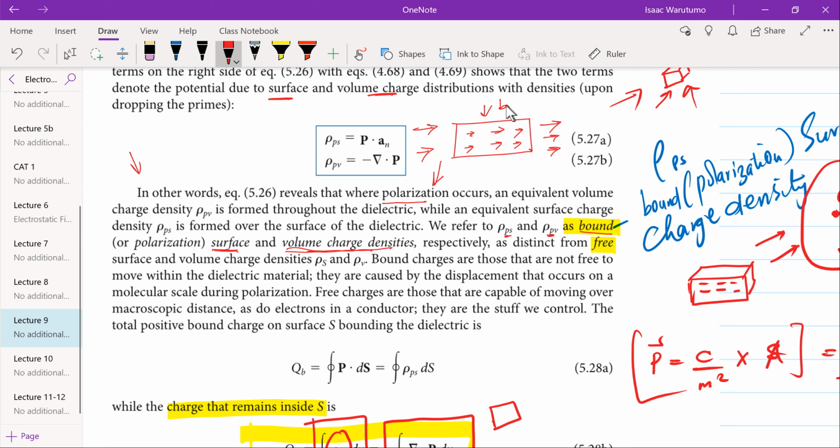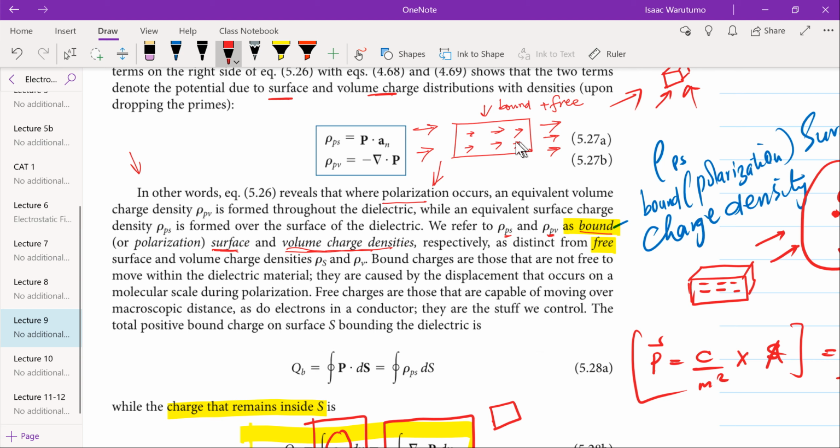One is bound, that is arising due to polarization, and the other one is free, that is arising naturally, assuming that the material had some free charges. So for that reason, we're saying that the observed flux that is flowing through that material becomes higher.